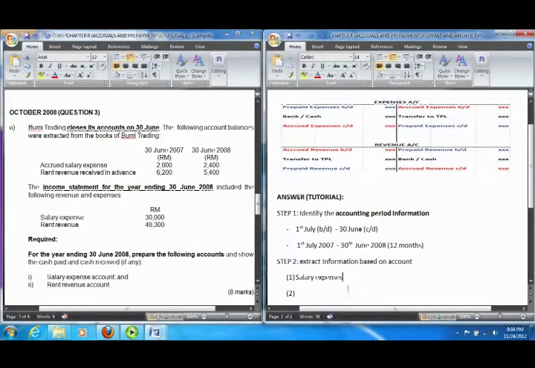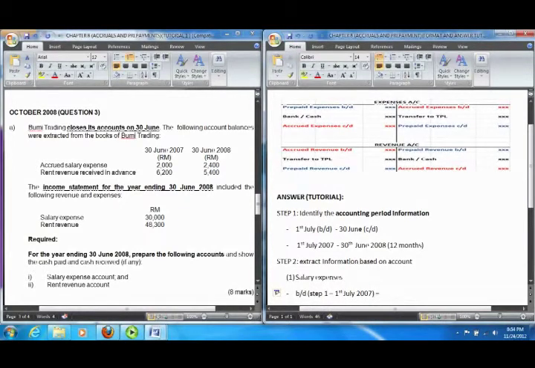It is easy. First, for salary expenses, the first thing you need to know is your BD. When is your BD? As stated in step 1, your BD is 1st July 2007.